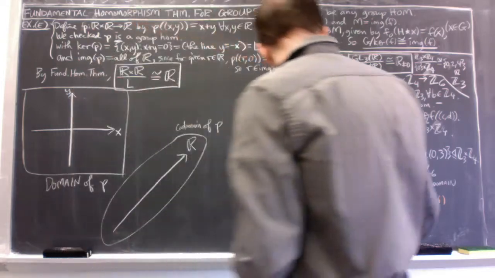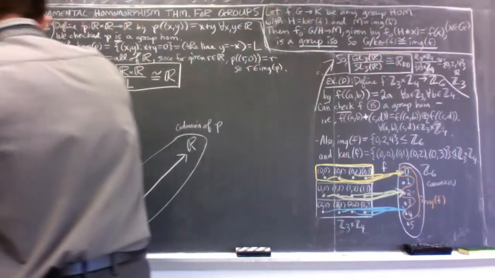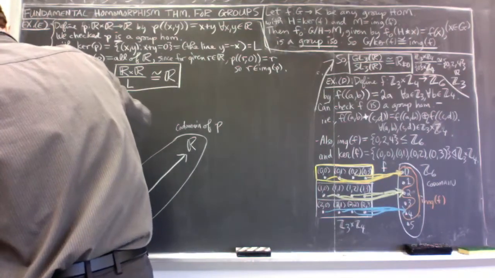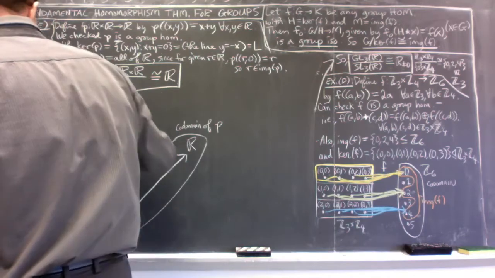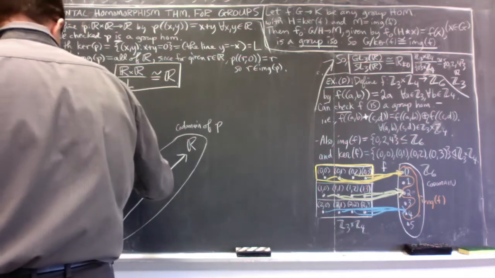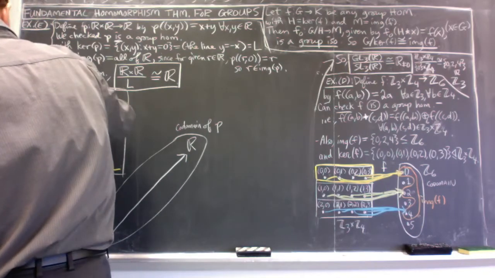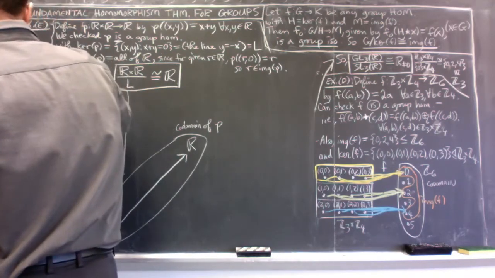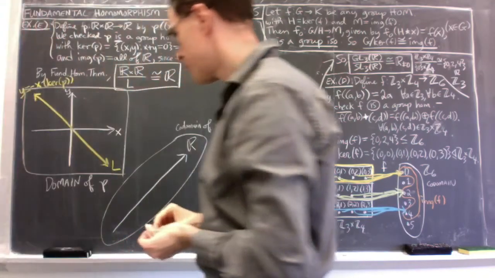And then let's have the kernel, this line y equals minus x. Goes like that. We called it L. We could have also called it y equals minus x, the kernel of P. It's a subset of the domain.